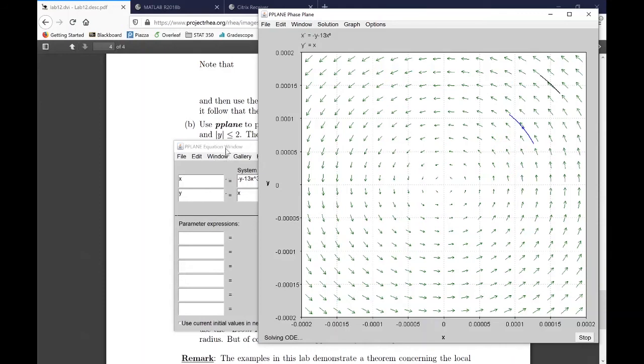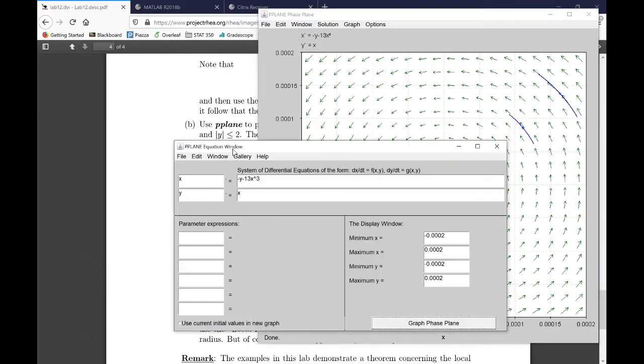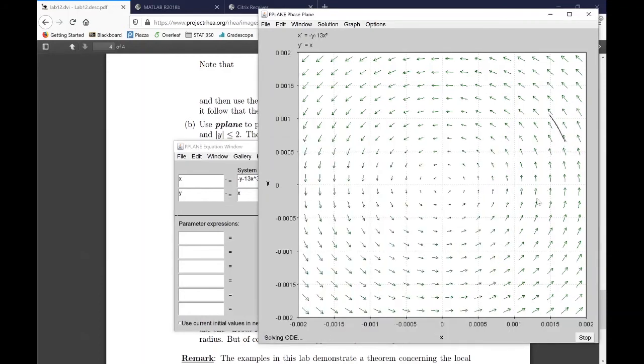Shouldn't be going that slowly. Here, let me change the computation window a little bit. I guess my computer just refuses to plot all the way. It's very strange.